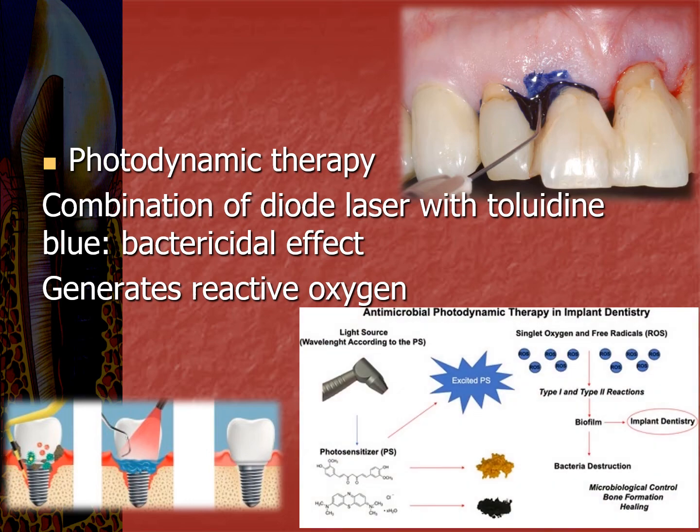So when this high energy single frequency light is combined with a photosensitizer like toluidine blue, the photosensitizer gets excited and causes release of the reactive oxygen species, which results in destruction of bacteria, and thus it enhances bone formation and healing. So this is photodynamic therapy.